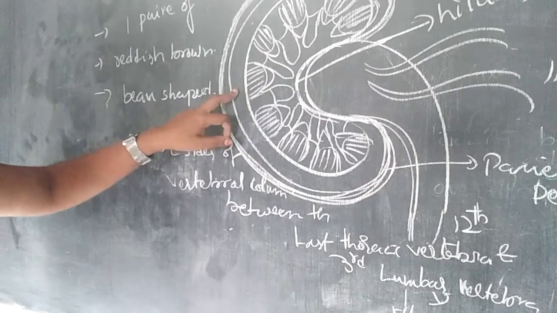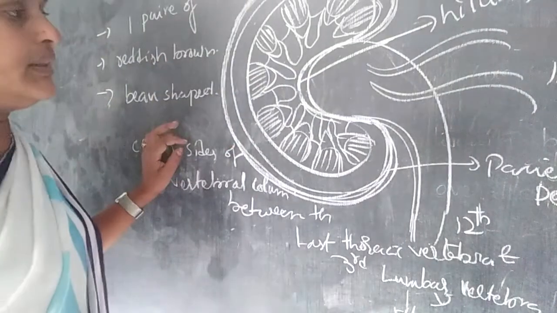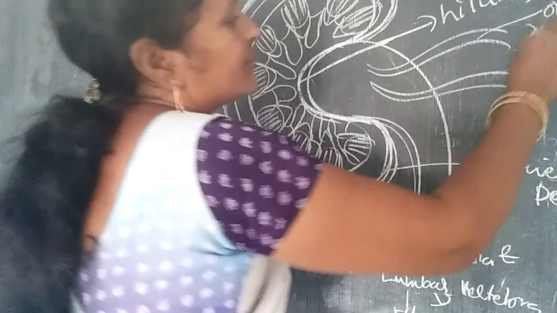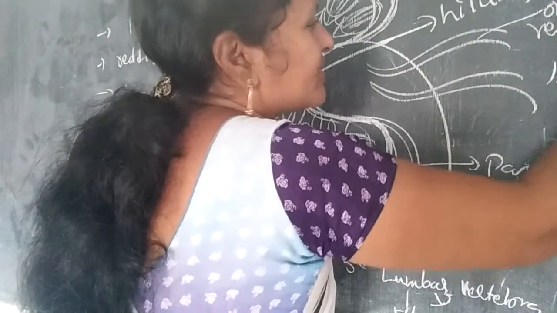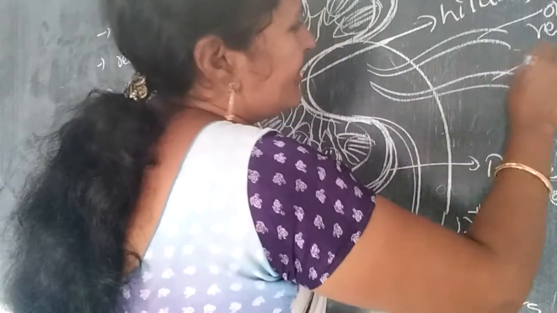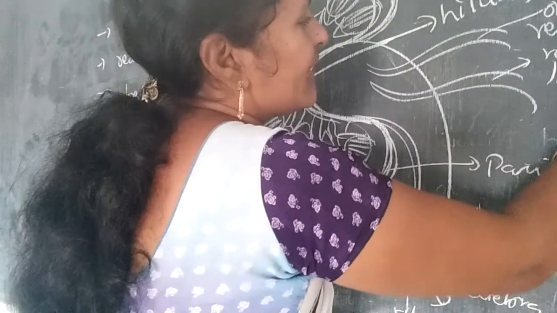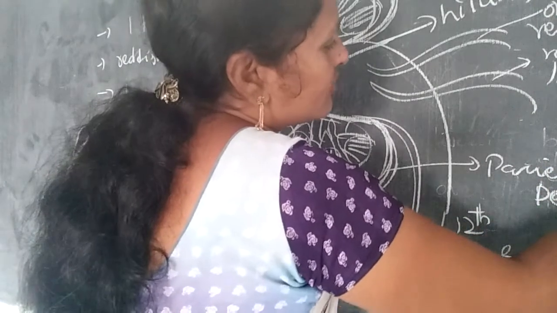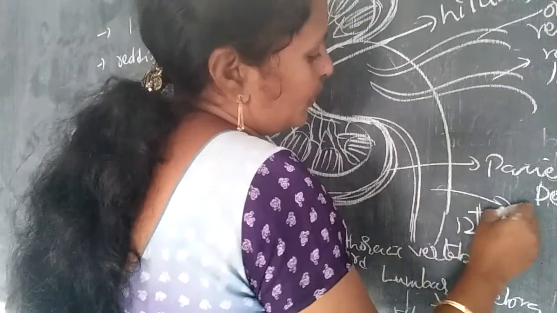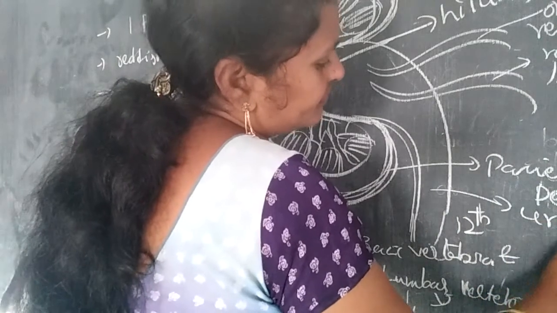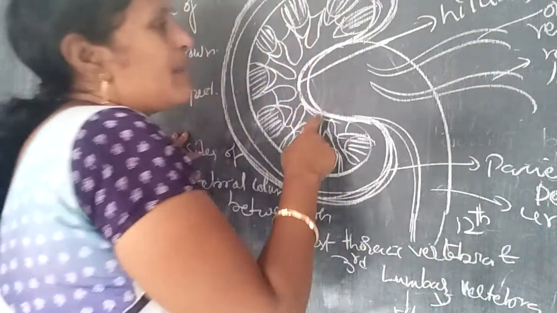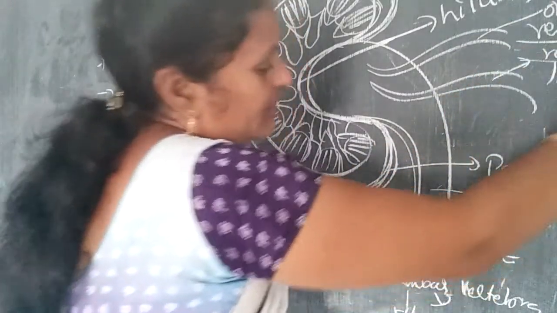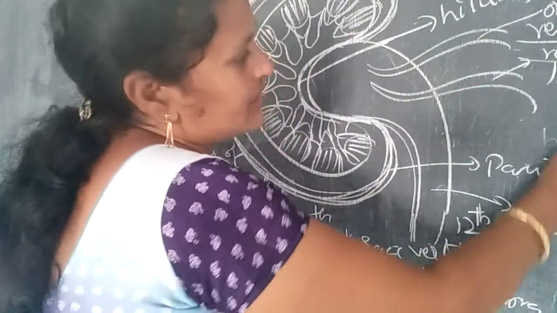And next, the hilum has one renal artery, a renal vein, some nerves, and the ureter.